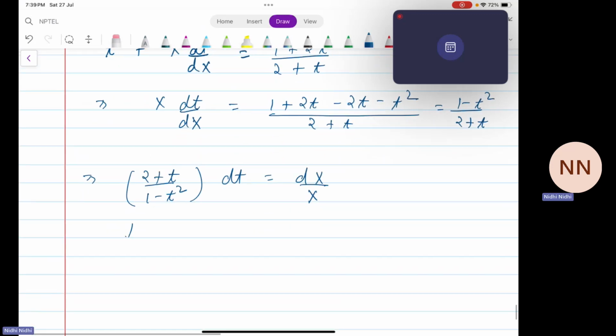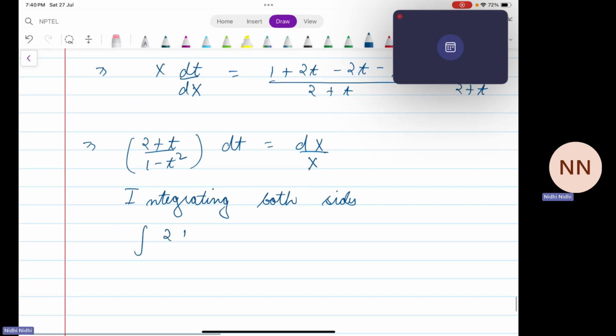Now integrating both sides, we get integration of (2 plus t) upon (1 minus t)(1 plus t) dt is equal to integration dx by x.